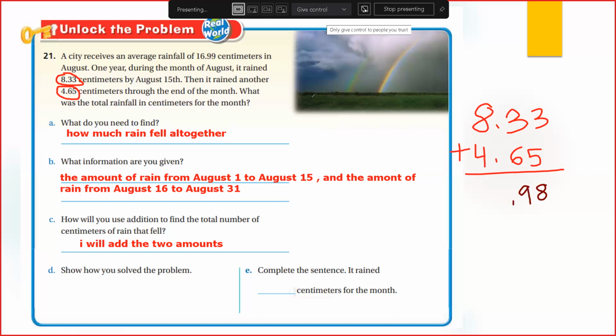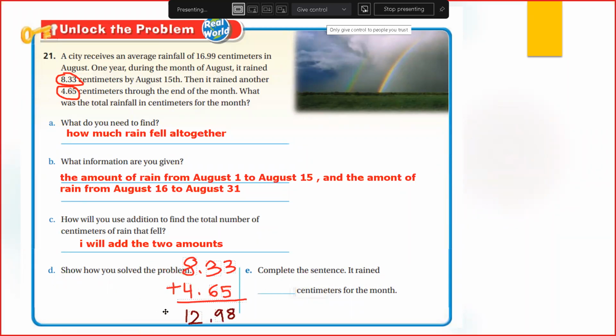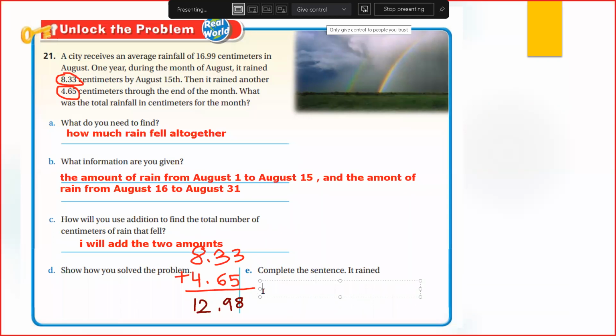And then 8 plus 4, 12. So now, that's it. So here, this will be the answer. So it rained how many centimeters per the month? 12.98 centimeters. Yes, that's it.